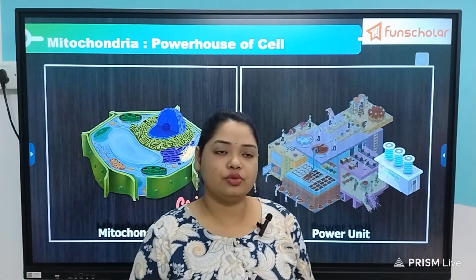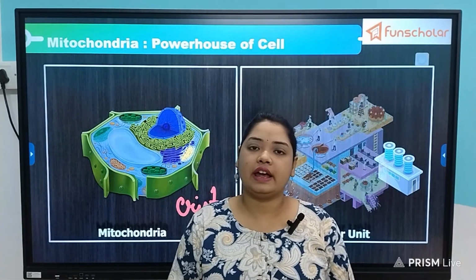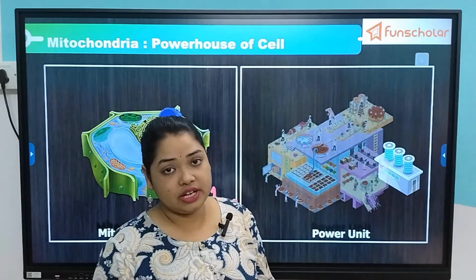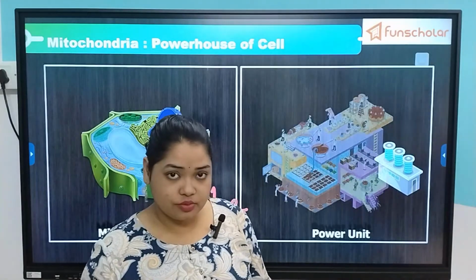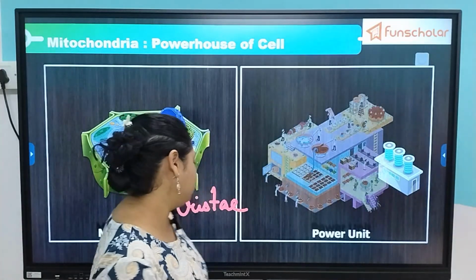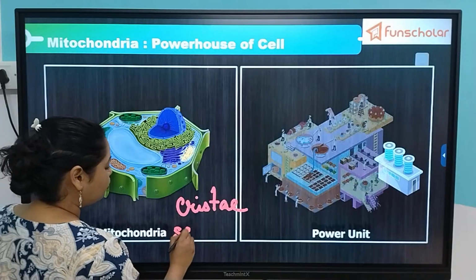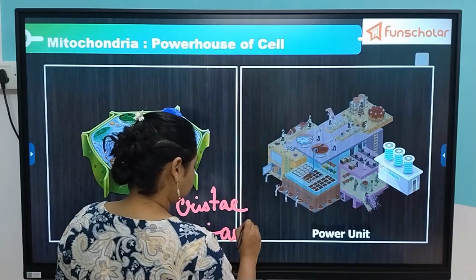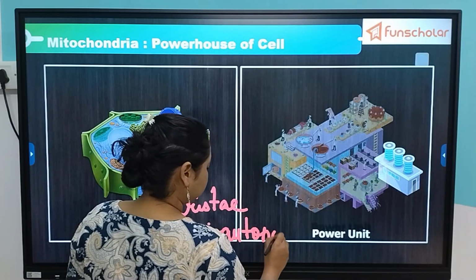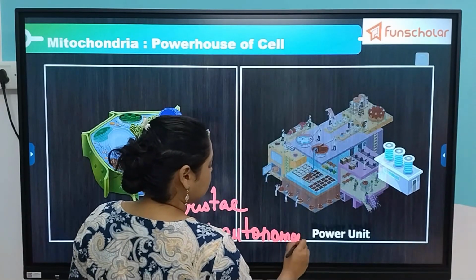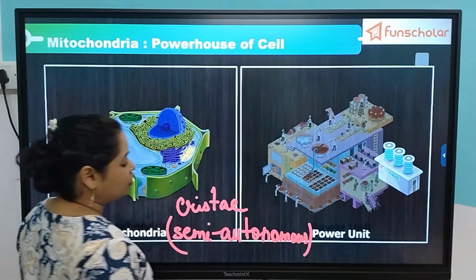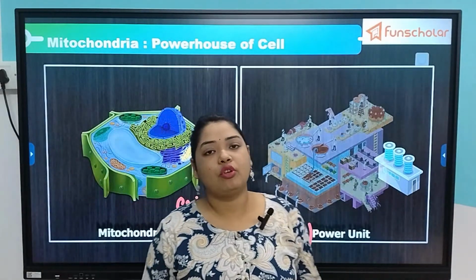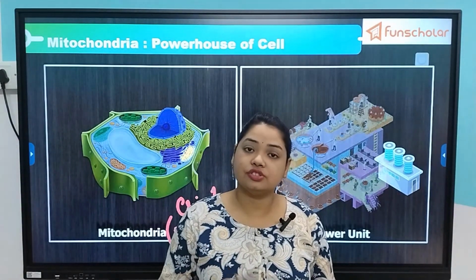And we have also known from the video that the mitochondria is the structure which contains its own DNA and ribosomes. That is why mitochondria is known to be semi-autonomous in nature. Why semi-autonomous? Because it does not follow its own DNA instructions only.